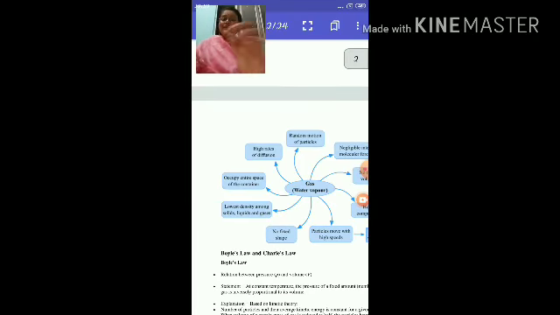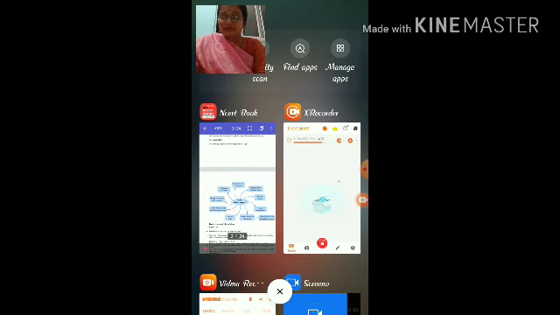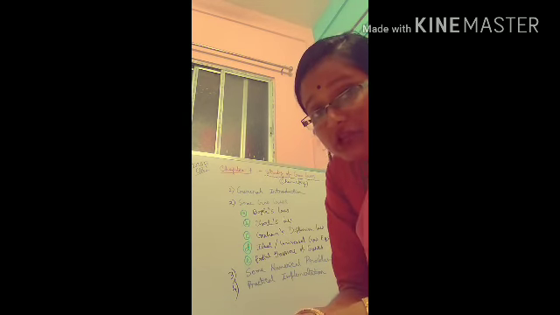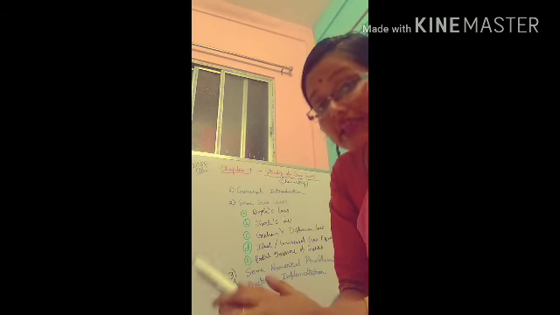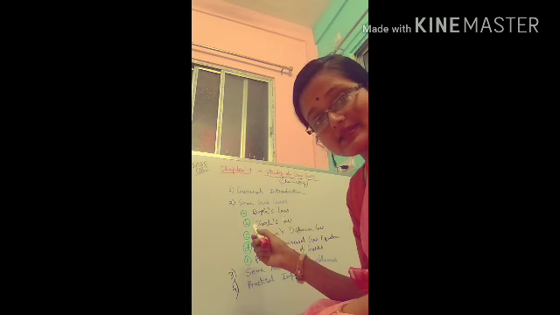So dear students, this is the general introductory class of your 7th chapter, that is study of gas laws. Thus we have finished the general introduction of this chapter, and thereafter these are the different topics.